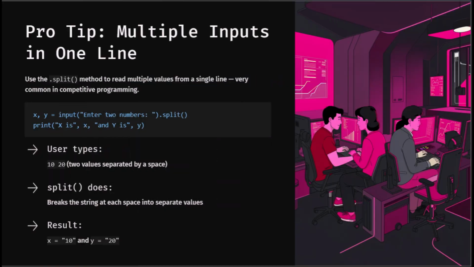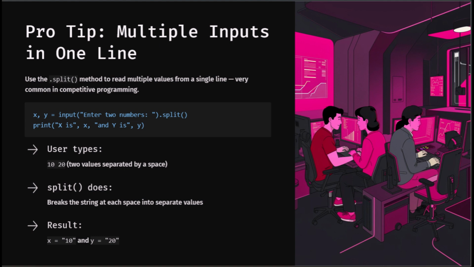Multiple inputs in one line. Finally, here is a professional tip that is extremely common in competitive programming: taking multiple inputs in just one line. Instead of writing separate input statements for every variable, we can use the .split method. As you can see in the code, we wrap our input function and then simply add .split at the end.